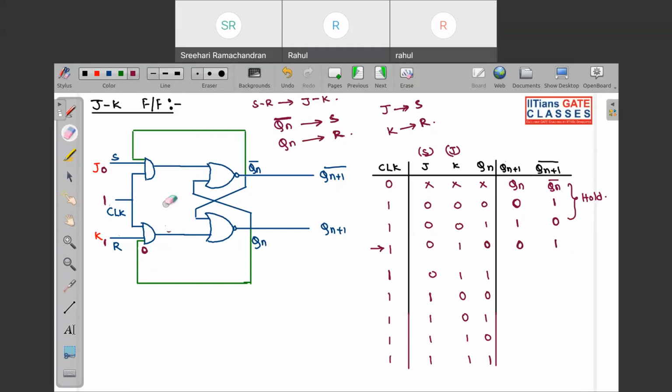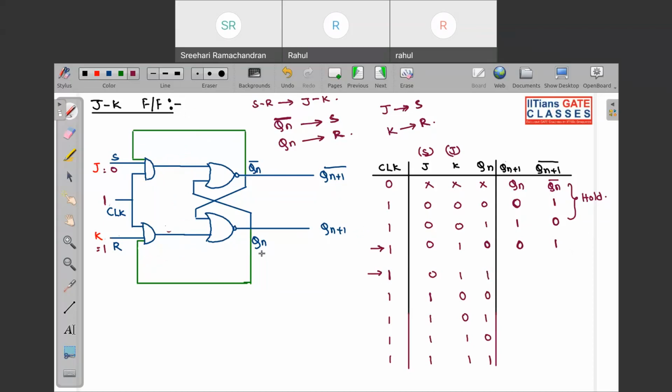At the moment you might not be understanding, but let us first fill the tables. Look very carefully. Now next is this case. Clock is still 1, J is 0, K is 1, but the next state has changed. Next state is now 1.